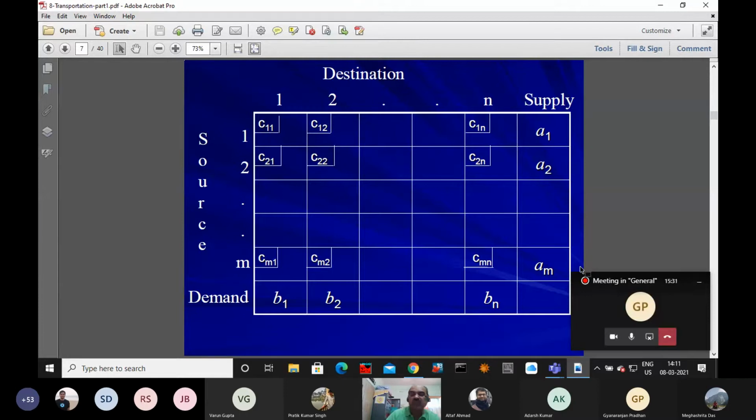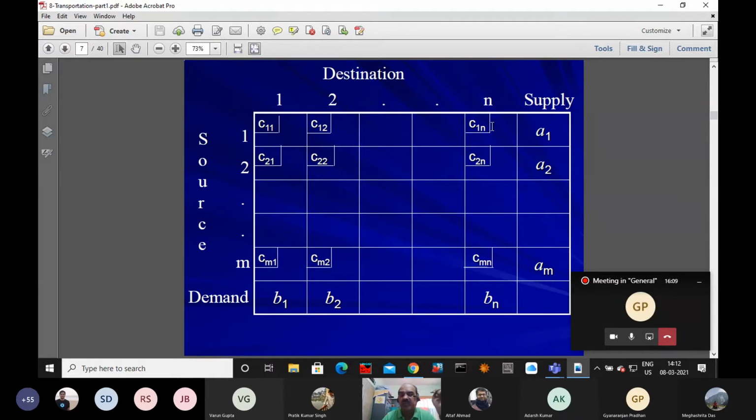So this transportation problem is presented in matrix form. It is an m by n transportation matrix, with m rows and n columns. C11 is the transportation cost from source 1 to destination 1. C12 is the unit transportation cost from source 1 to destination 2.